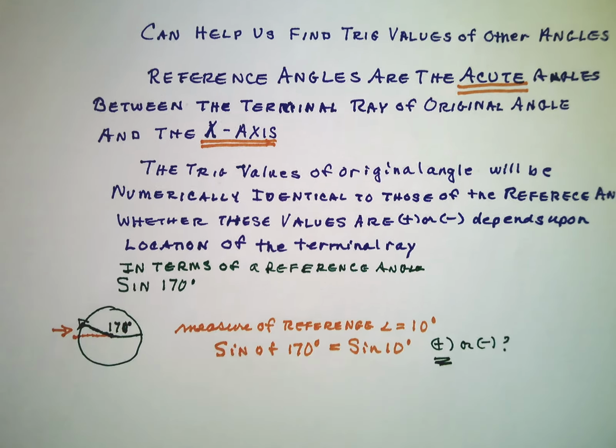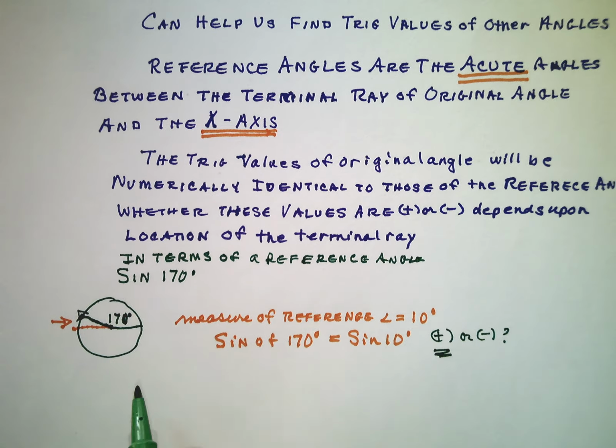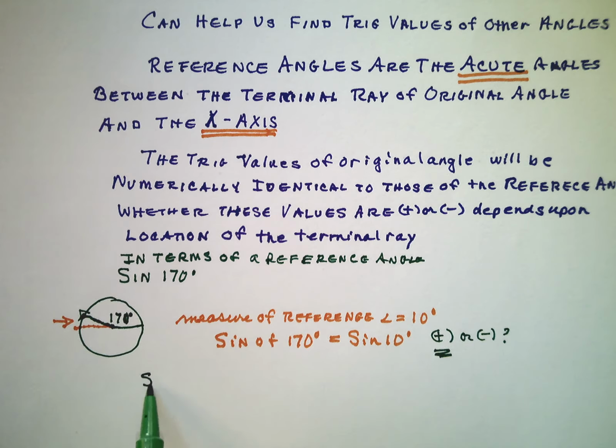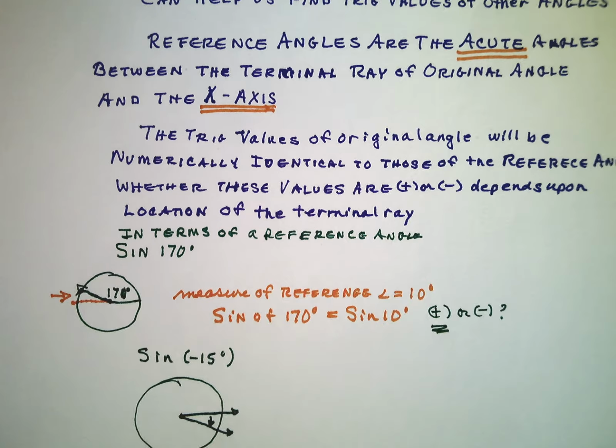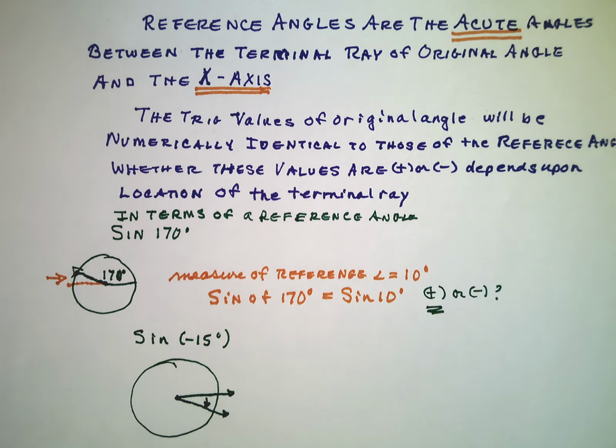Maybe another one. Same deal in terms of a reference angle. The sine of negative 15 degrees. All right, so we'll draw our circle. A little bit bigger this time. Negative 15 degrees is going to be down this way. Negative 15. All right.